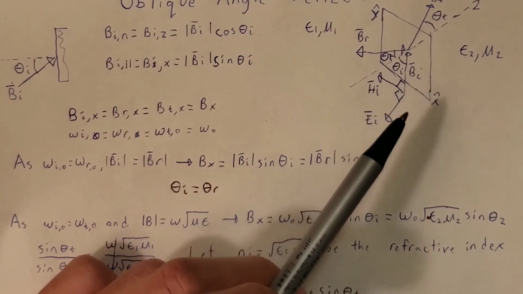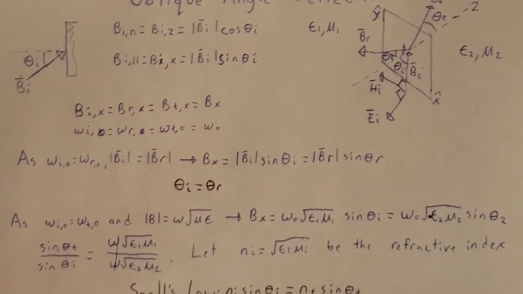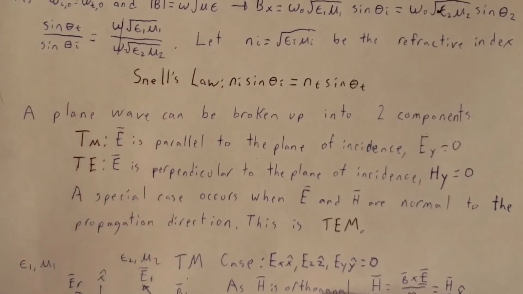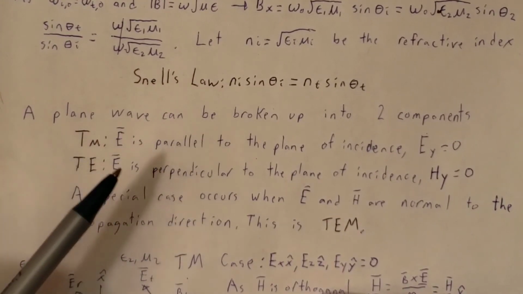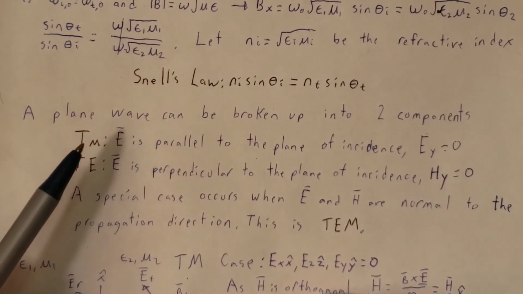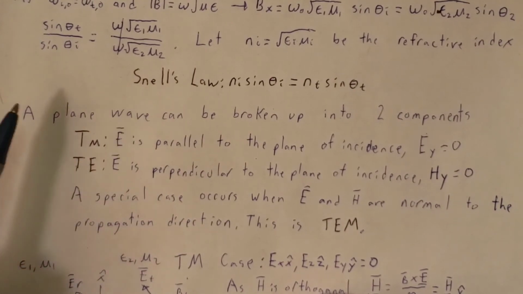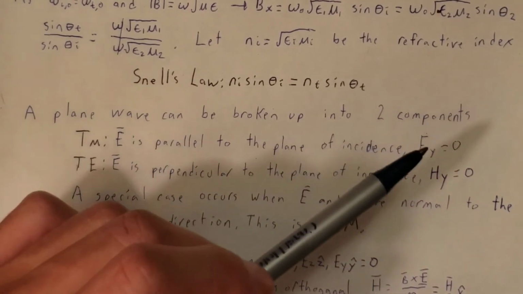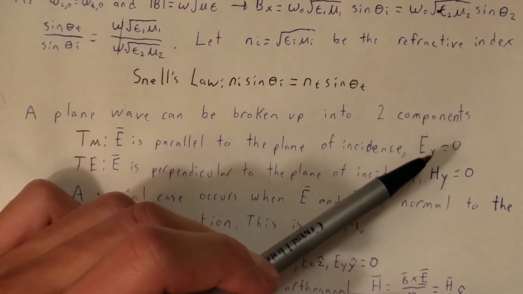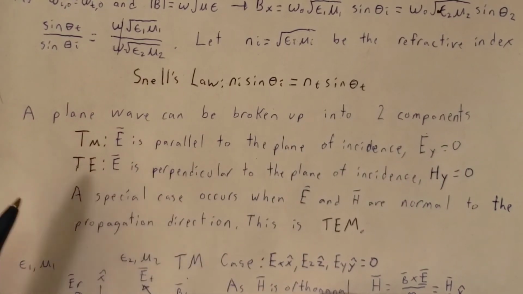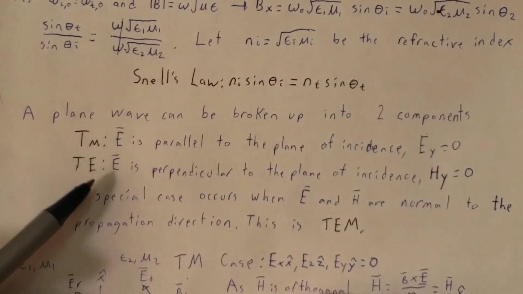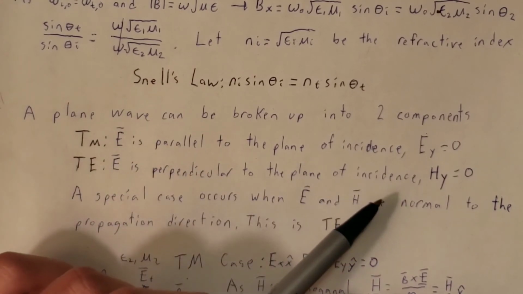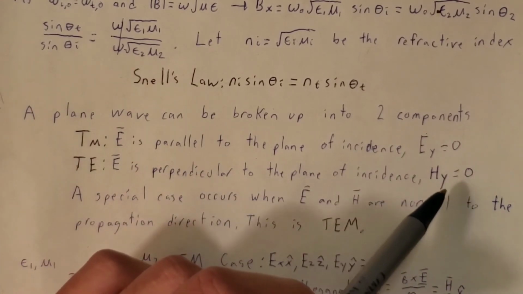but have multiple components. However, we can break these fields down into only two components, and these are the transverse magnetic mode, which has the electric field parallel to the plane of incidence, where EY equals 0, and the transverse electric mode, where E is perpendicular to the plane of incidence, and HY equals 0.